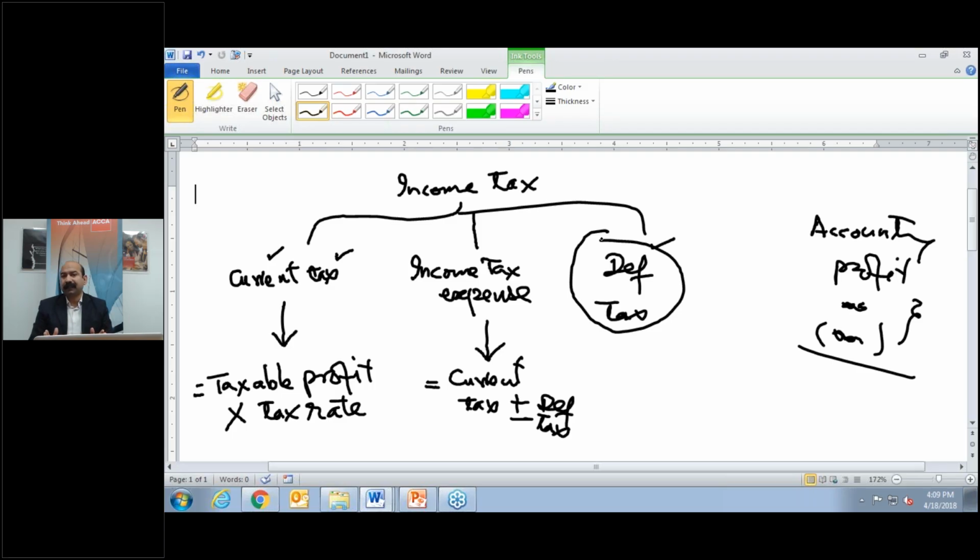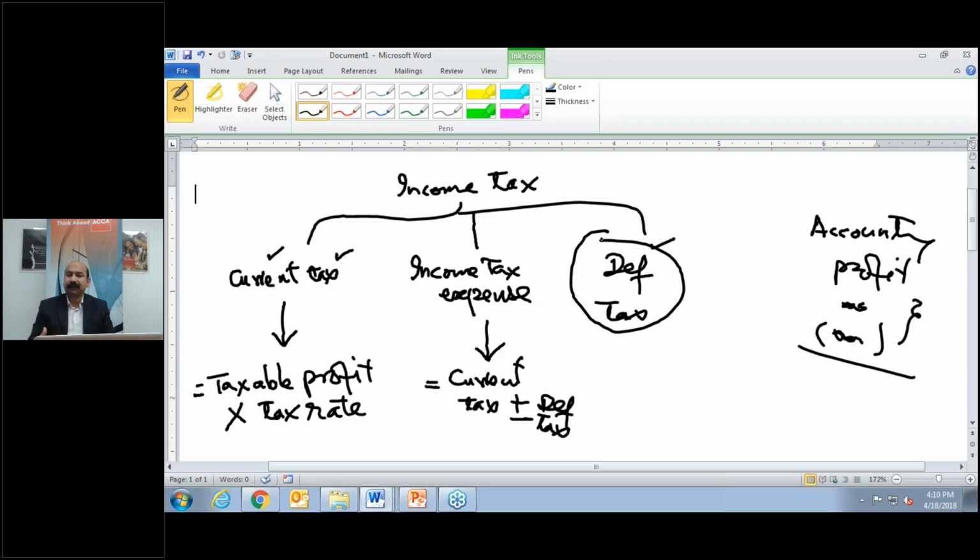First, we shall discuss, with the help of two examples, what deferred tax is, how it affects our income statement, how it affects our statement of financial position, and how we can calculate deferred tax from the statement of financial position, and what the methodology is for calculating it from the income statement. Then the underlying concept of tax base will be discussed at length.